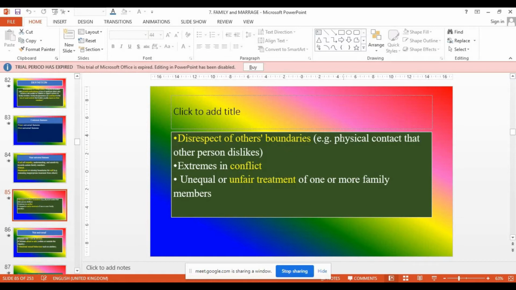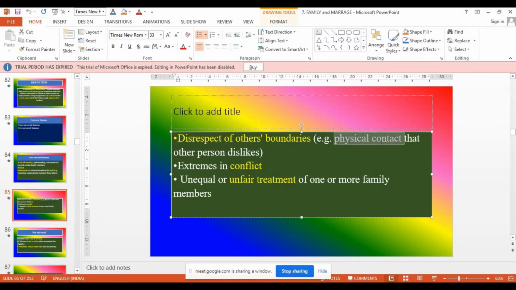For example, in some situations, physical contact: the husband may make contact with the wife without her consent. There are various conditions, for example, the husband may be alcoholic. That condition is a reason which leads to this.